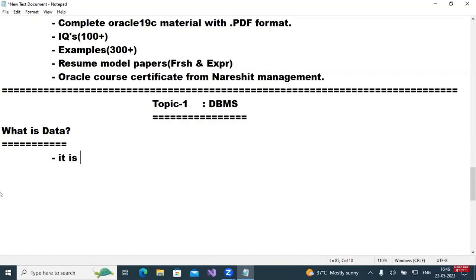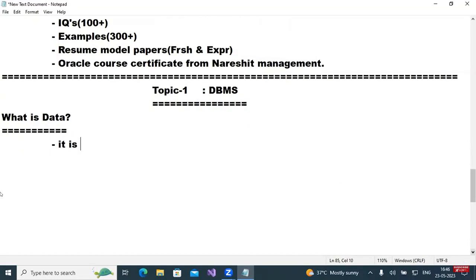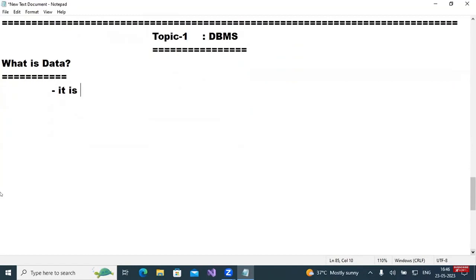Offline students, take notes also. If you sit calmly, you will get bored; by writing something you will get interested. Notes I will send, but take class notes. It is a raw fact.